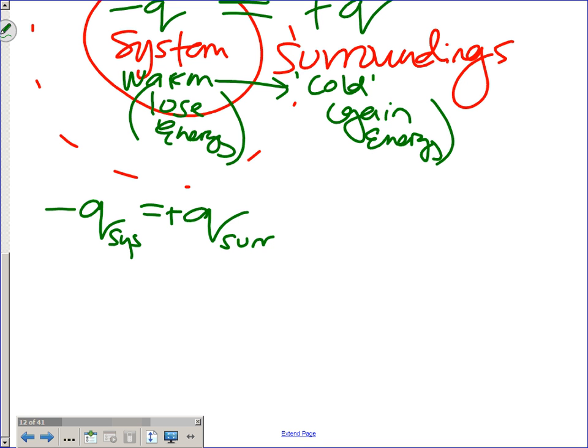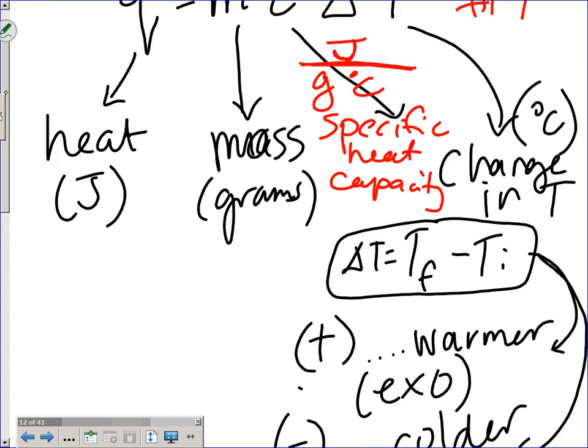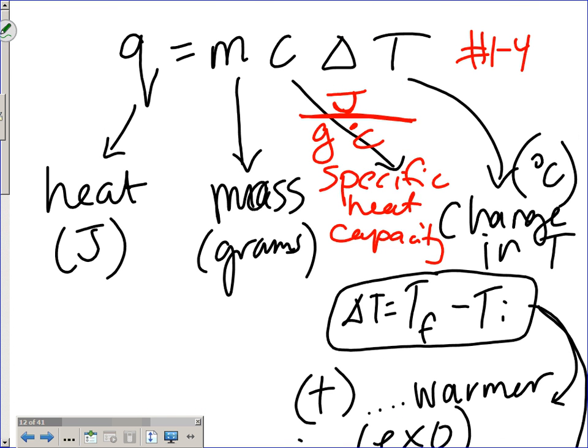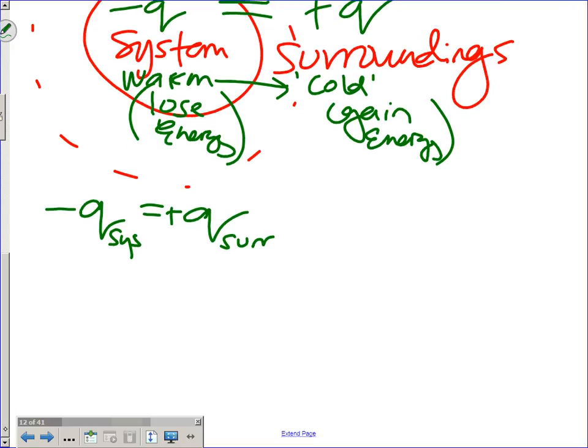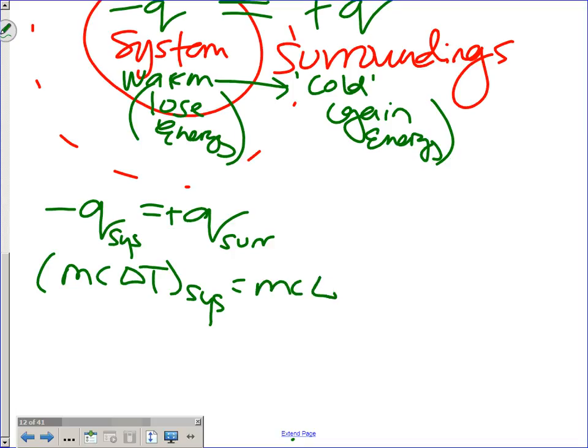But Q equals something else: Q equals mcΔT. So we can replace Q with mcΔT, and say mcΔT of the system equals mcΔT of the surroundings. This information is called calorimetry.